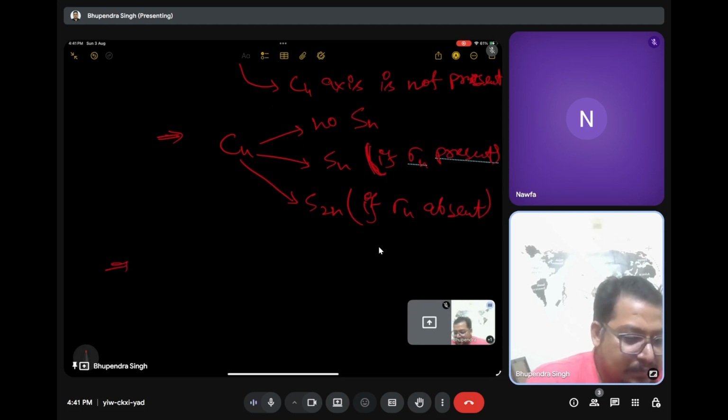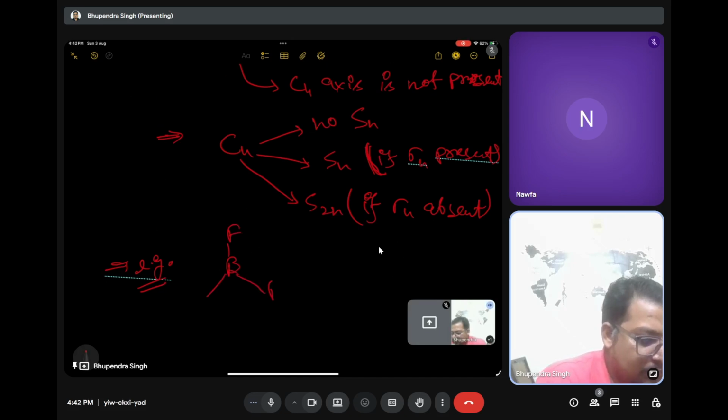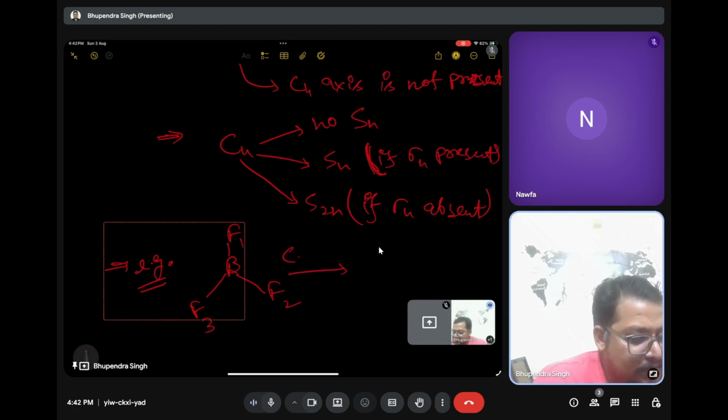See, take this example again. This same molecule, BF3, 1, 2, let's say 3. Again apply C3.